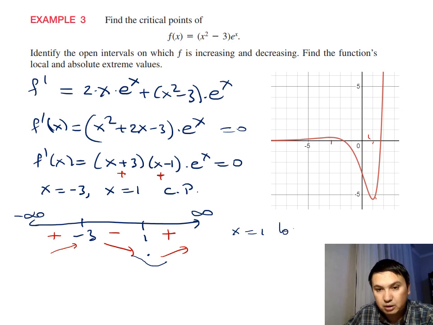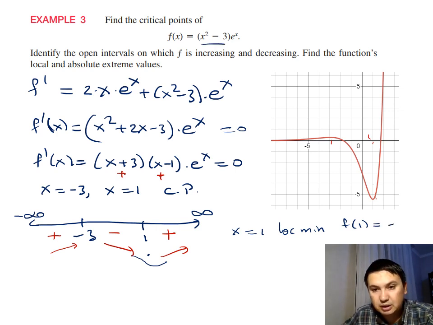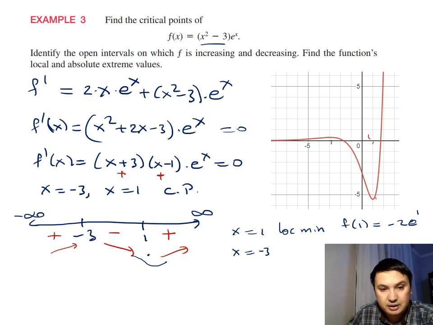So at x equal to 1 I have a local minimum, and what is this minimum value? You just substitute f of 1 into the equation, so this is minus 2 times e to the 1. And how about x equal to minus 3? The sign is changing from plus to minus, so it increases and then decreases.